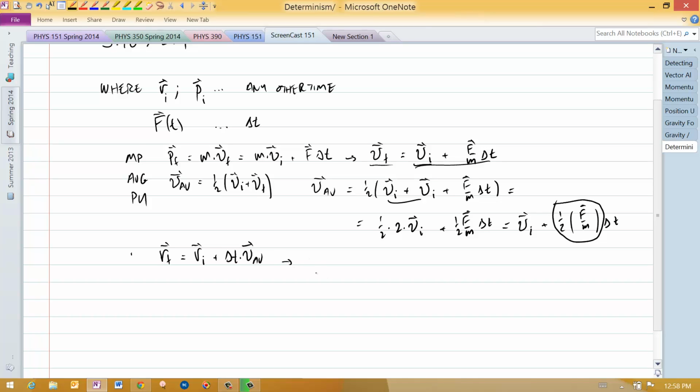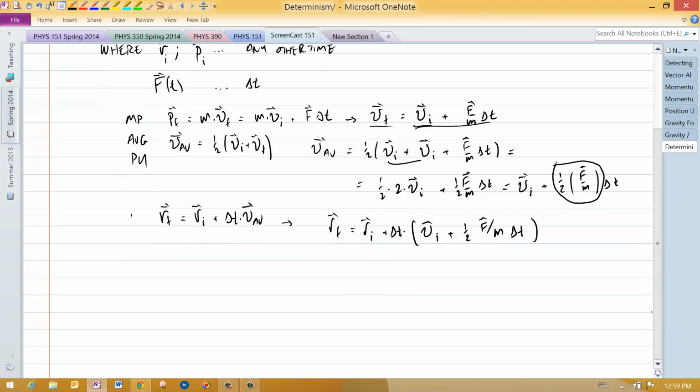So I could just put that in. r final is equal to r initial plus delta t times my average velocity, which is my initial velocity plus 1/2 F over m times delta t. That's something you've used many times before: the momentum principle, average velocity, position update.